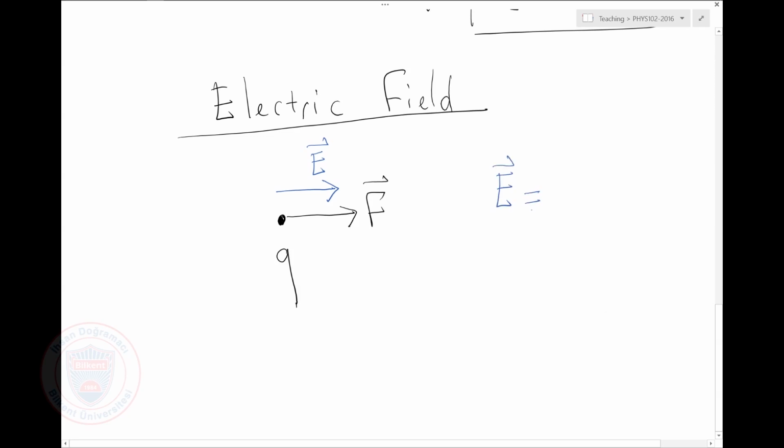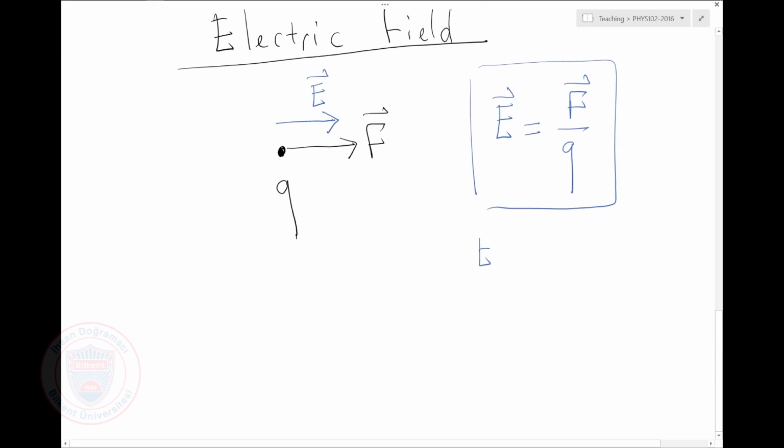So I can define the electric field as F divided by Q, which means, quite simply, what is the unit for the electric field? Apparently, it's newtons per coulomb.